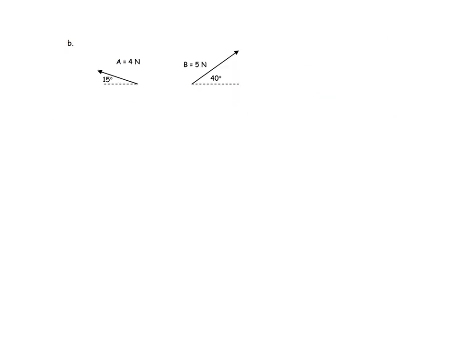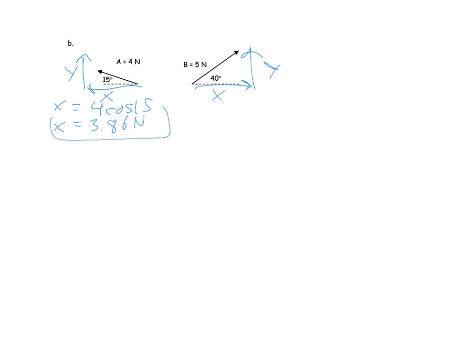Last subtraction problem here, I'm subtracting these two vectors, so start with finding my components once again. X and y for each, so this x component is going to be 4 cosine 15. So I get that the x component is equal to 3.86 newtons, okay?